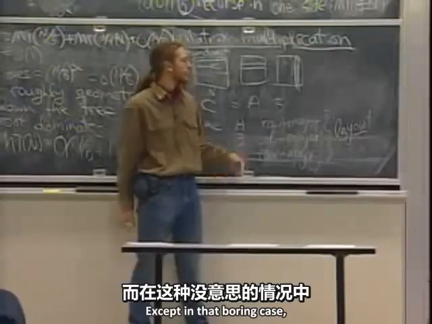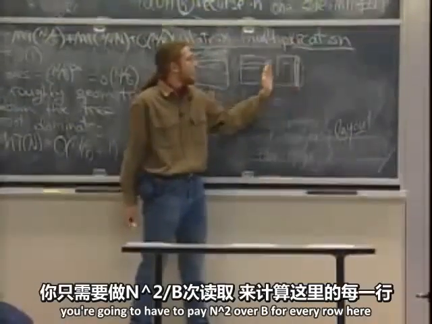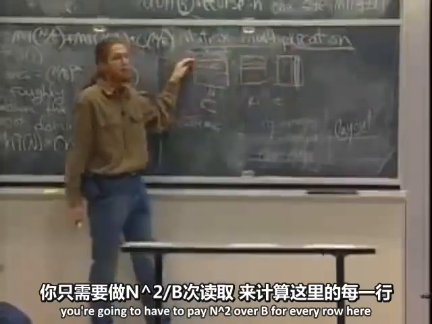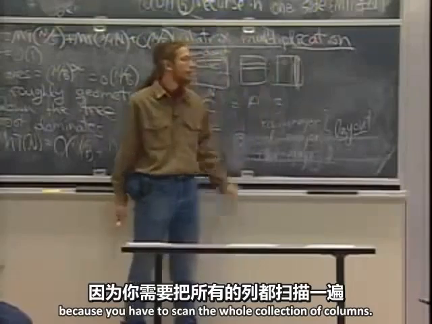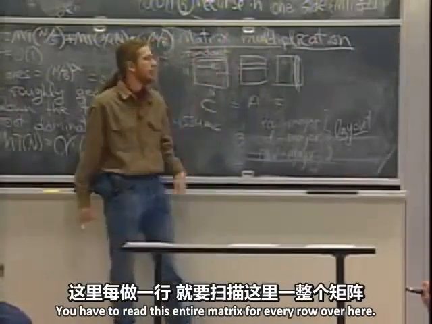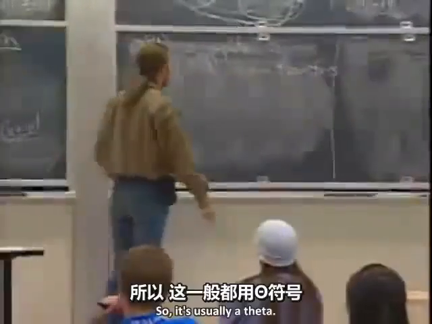Except in that boring case, you're going to have to pay n squared over B for every row here, because you have to scan the whole collection of columns. You have to read this entire matrix for every row over here. So you really do need n cubed over B for the whole thing. So it's usually a theta.